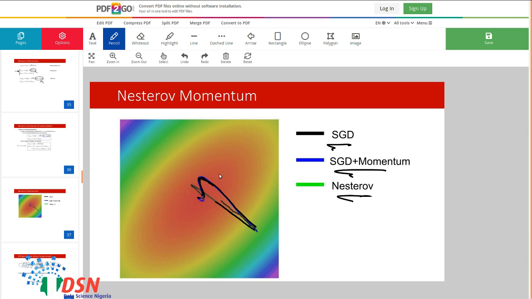Because we have velocity in this direction, although the minimum is here, we have some kind of overshoot from the minimum, and then it turns back to the minimum. So you should note this problem when you use momentum.